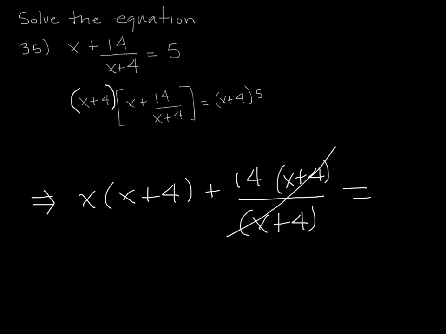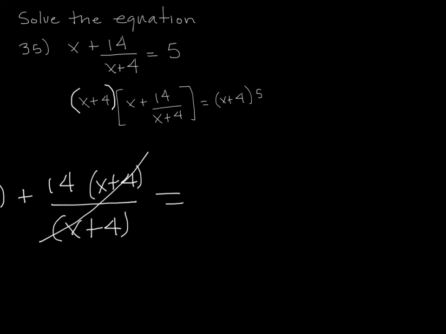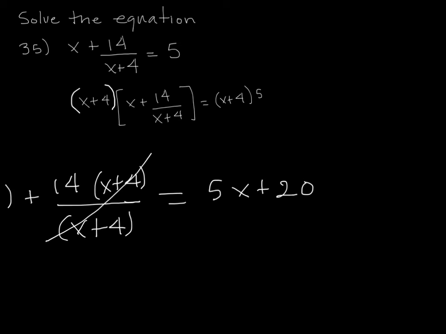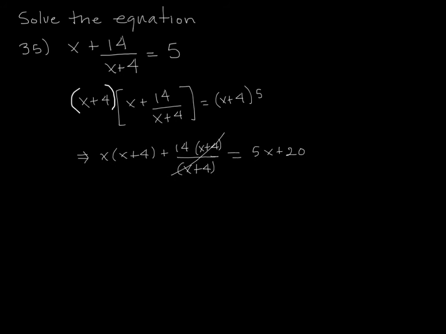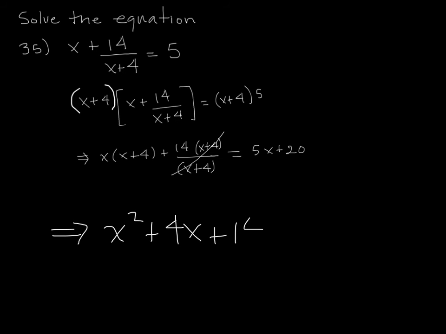And this should equal 5x plus 20. So I'm left with, on the left, x squared plus 4x plus 14, and on the right-hand side, 5x plus 20.